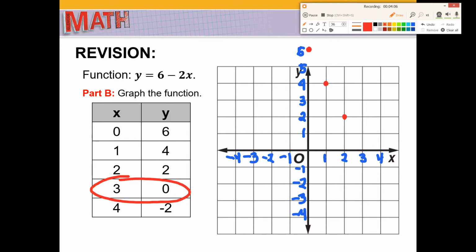The fourth ordered pair that we have is 3, 0. So 3 in the x-axis and 0 in the y-axis. So our point will be here. Then last but not the least, we have this ordered pair, 4, negative 2. So you have to have 4 in the x-axis and negative 2 in the y-axis.